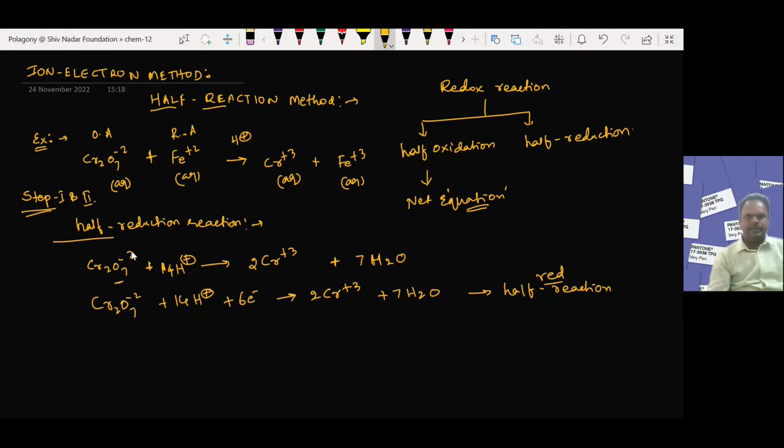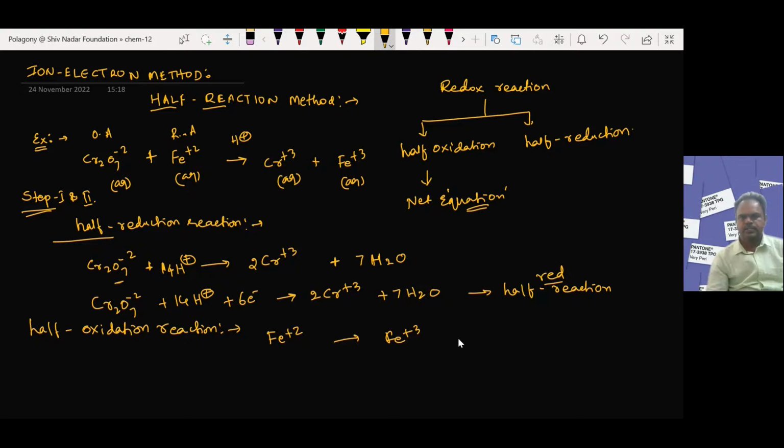Another reaction is the half oxidation reaction, in which Fe2+ changes into Fe3+.